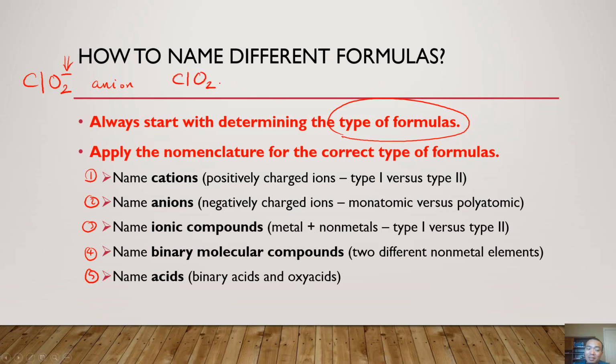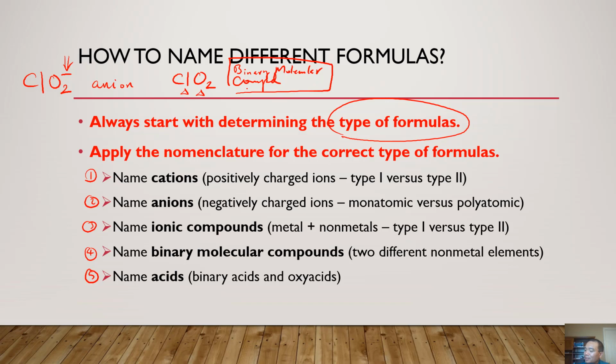That is actually a compound, because it's two different elements with no charge. Not only is this a compound, it is composed of two different elements, 1 and 2. So not only is it a molecular compound, it's also a binary molecular compound.